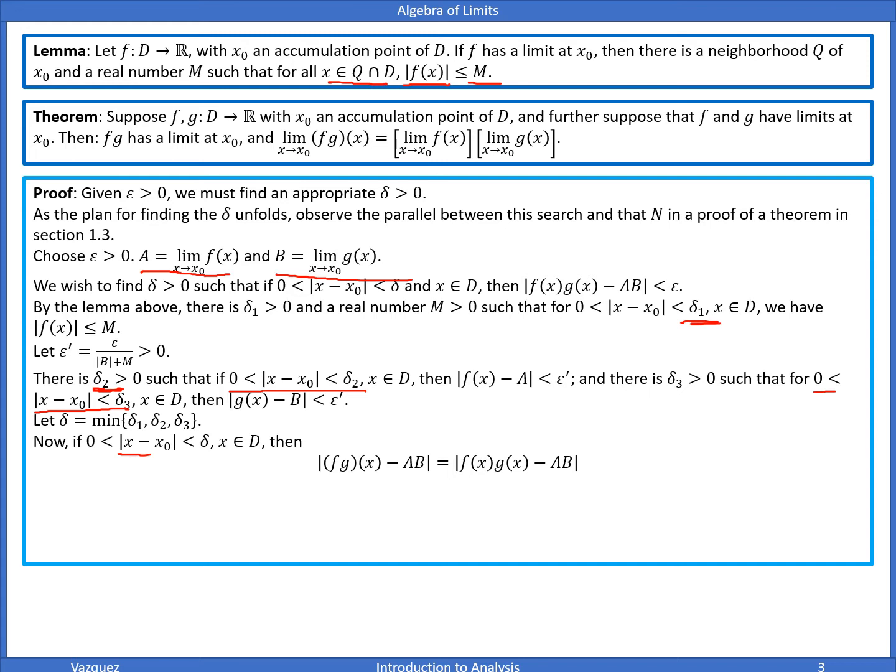And here's where we use our little add-zero triangle inequality trick. That's less than or equal to this here. Again, we added 0 and then used the triangle inequality, which is why we have the inequality.